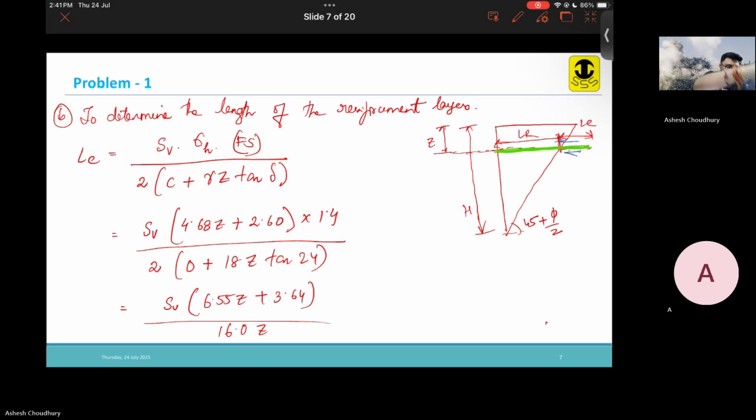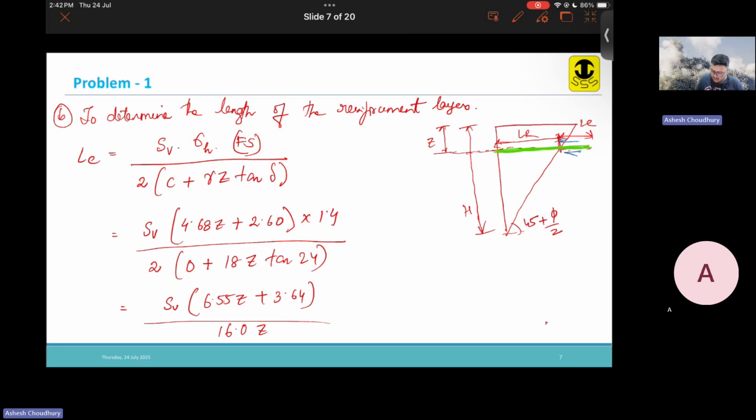Just give me a second. Let me punch the numbers in the calculator once and recheck. 2 divided by 2 into 18 times tan 24 comes out to 16.02.